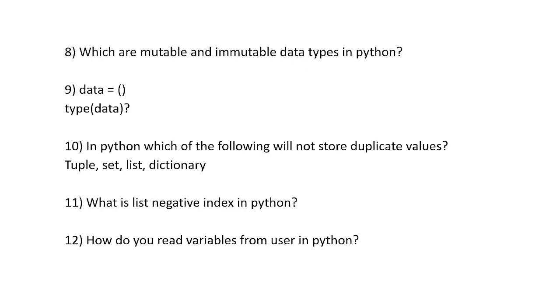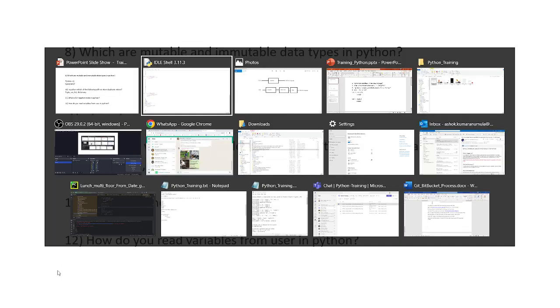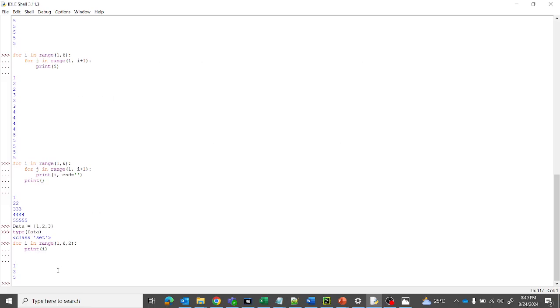Then we'll go to which are mutable and immutable data types in Python. Okay, guys. So which are mutable and immutable data types? Let us take data types and we'll see which are mutable and which are not mutable. Okay. So let's take a list here. L equal to 1, 2, 3, 4, comma 5.